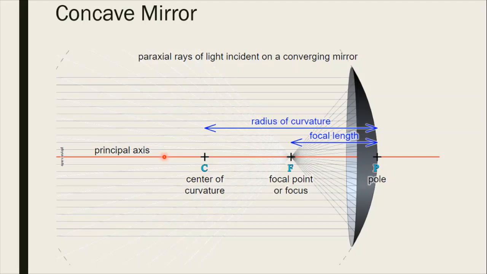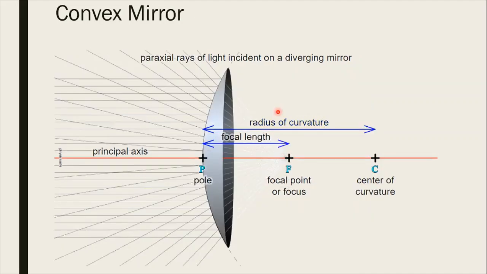It is worth noting that the concave mirror is called the converging mirror because all the paraxial rays that are incident on the surface of the concave mirror meet or converge at the focal point or focus of the mirror. Similarly, it is also worth noting that the convex mirror is called the diverging mirror.